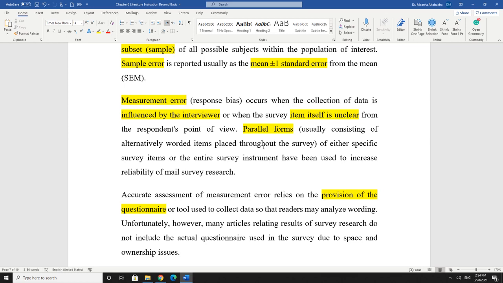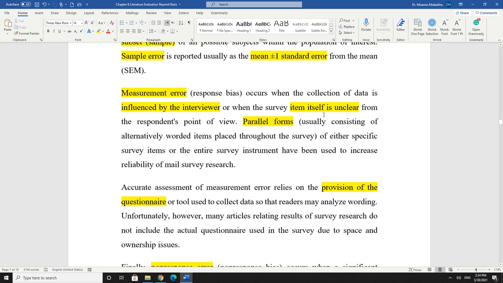Sometimes the questionnaire is not clear, and this will cause the responder either to answer incorrectly, not to pick the right answer, or even to leave the question because he or she does not understand it. So this is a very important thing that you should be aware of.